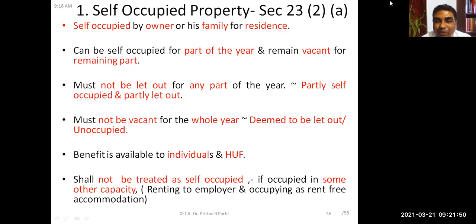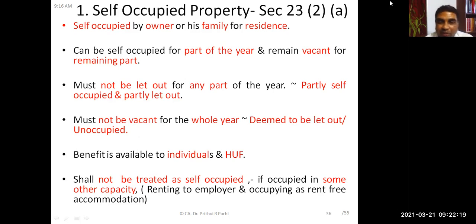So practically, the employee is staying in the same house, but the house was given on lease to the employer, and the employer has allotted the same house to the employee as rent-free accommodation. In this situation, the employee is occupying the house in the capacity of an employee, not in the capacity of the owner. In that situation, the house property will not be treated as a self-occupied house.